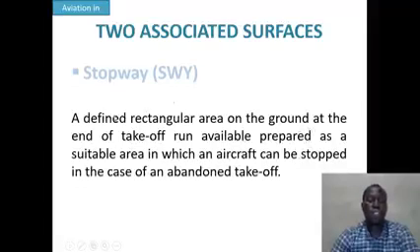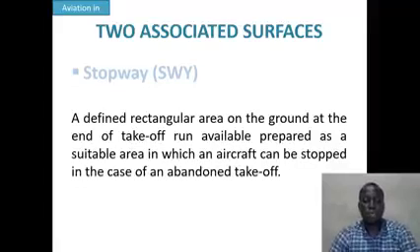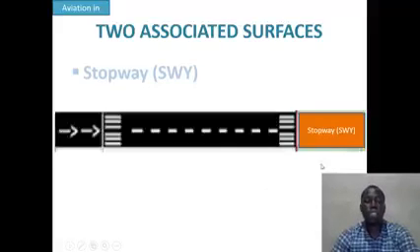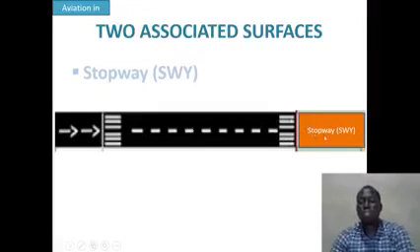The stopway is defined as a rectangular area on the ground at the end of the takeoff run available that is prepared as a suitable area in which an aircraft can be stopped in the case of an aborted takeoff. And it will look like this on the area.